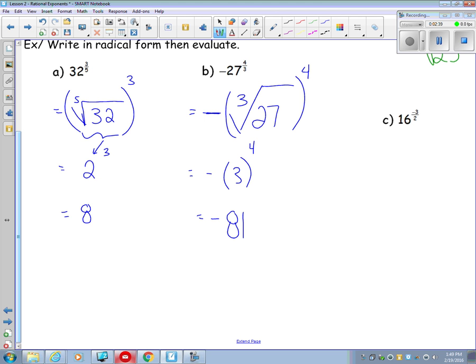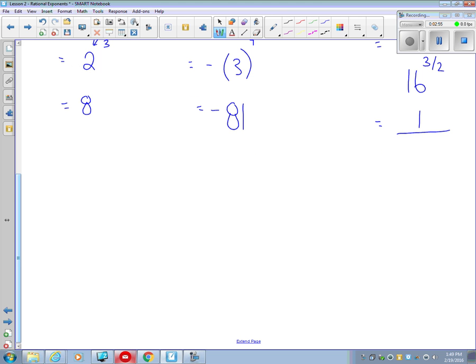Try the next one: 16 to the negative 3 halves. I see a negative exponent. What do we do with those? We flip them over. My exponent becomes a positive, and I end up on the bottom. Then we do everything all over again. 1 over, my base is 16, the nth root is a 2. Your choice, you don't have to put the 2, remember.